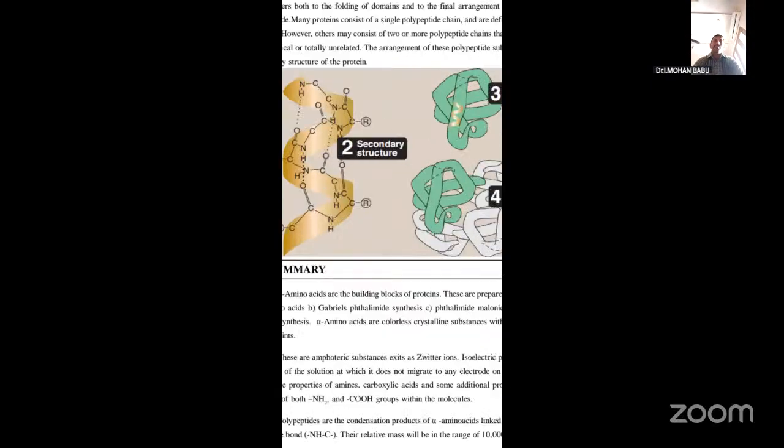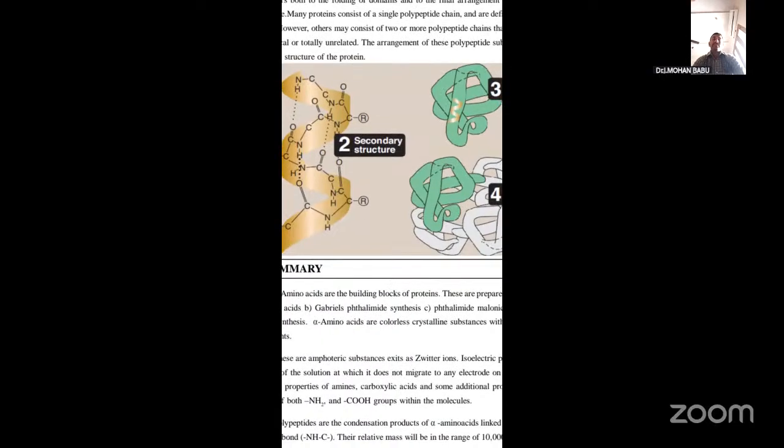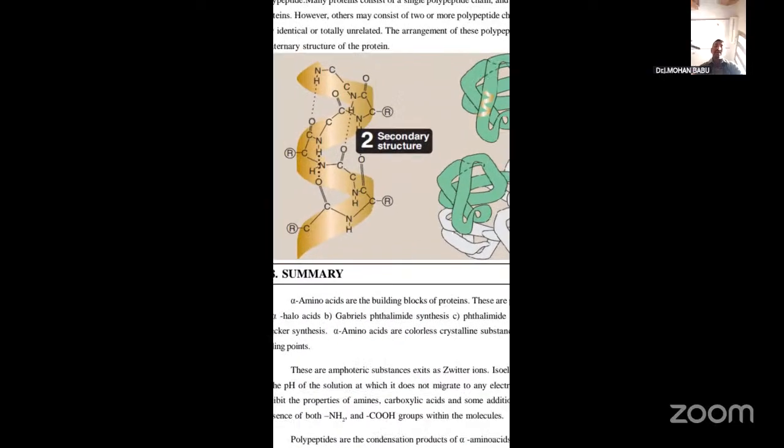In the secondary structure, the peptides are visible, and you can see the hydrogen bonding between the carboxylic acid group and amino groups, like in DNA.